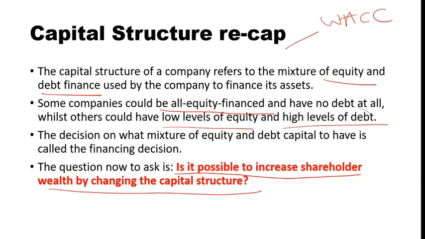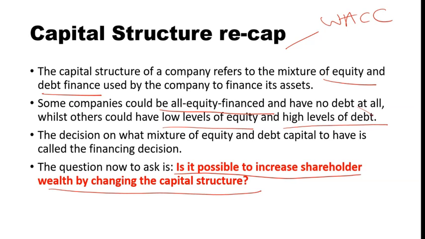Why is it so? That's the question. Shall we decide to be 90% levered or geared, that is to have debt that is 90% of the total capital of the firm, or shall we have the opposite?